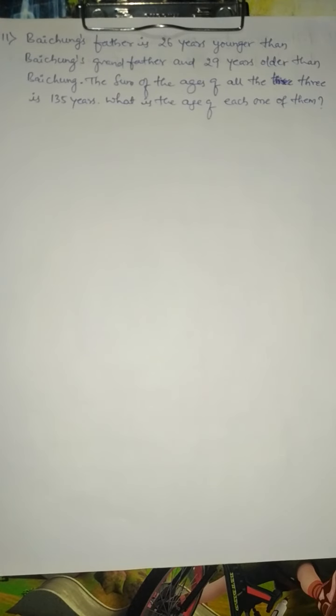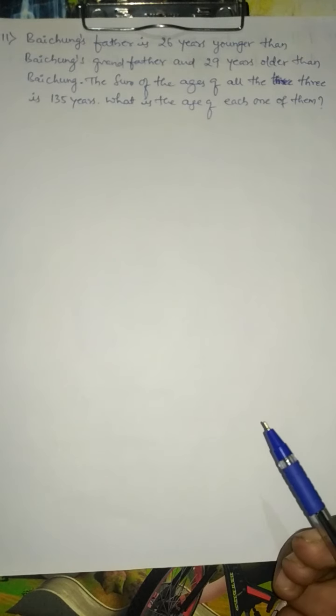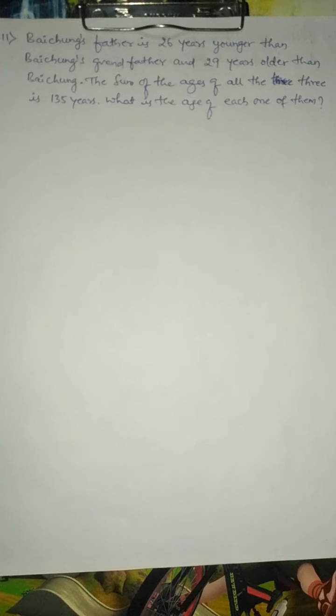My dear children, next we have to go for 11th problem. So that is, Baichung's father is 26 years younger than Baichung's grandfather and 29 years older than Baichung. So first of all, we don't know what is the age of Baichung, right? So first we have to assume the age of Baichung will be X years.